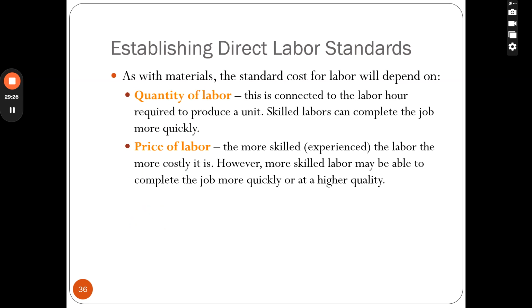This is for direct material. Even for the labor, you need the same thing. Quantity of labor, how many labor hours are needed to make one product, and what is the price of labor. Again, quality you have to consider in terms of skill. Do you need the laborers highly skilled or low skilled, how you want the people to be.